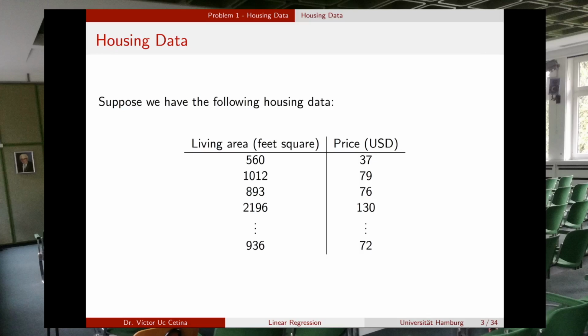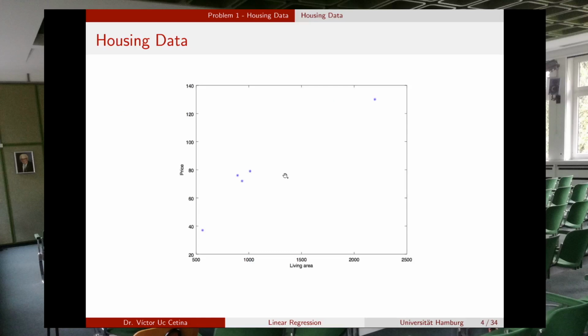So if we plot these points, we will see each of the houses as a point. For example, this here represents a house that has a living area slightly over 500 feet square, and a price slightly below $40,000. So we can plot the houses here as points.